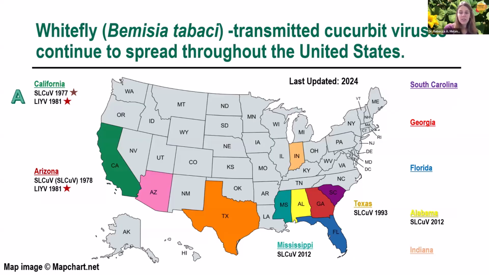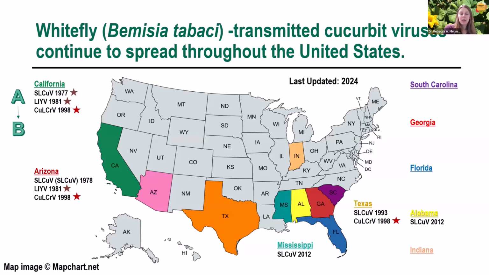These two viruses were transmitted by the A biotype of Bemisia tabaci. When this biotype was displaced by the B biotype, that is what caused some of the shift in the whitefly-transmitted viruses. Squash leaf curl virus is not observed as much, and lettuce infectious yellows virus has pretty much disappeared from detection.